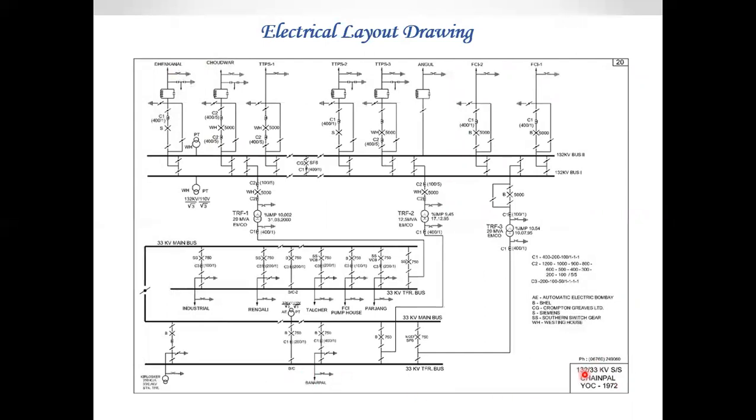This is the general electrical layout diagram, for the 132 kilovolt substations. Here we can see A means Automatic Electric Bombay, then B is BHEL. This is how electricity will be distributed through this 132 kilovolt substation. It is distributed to BHEL, Crompton Greaves, Siemens, then Southern Switchgear, then Westinghouse.